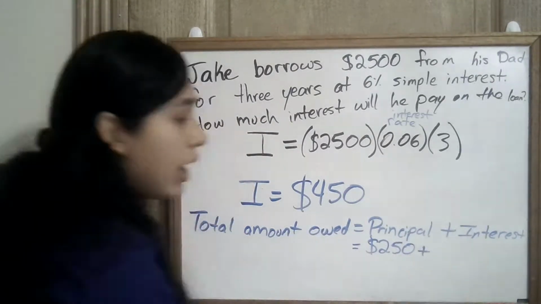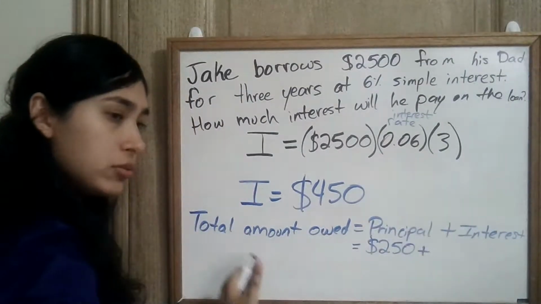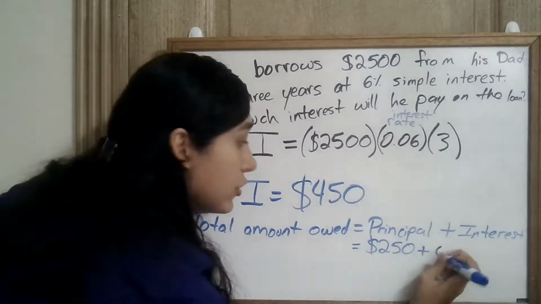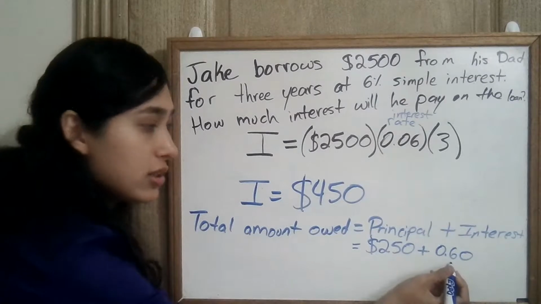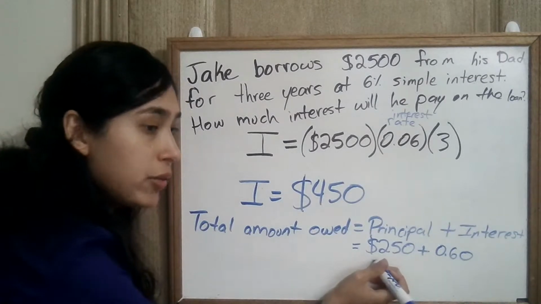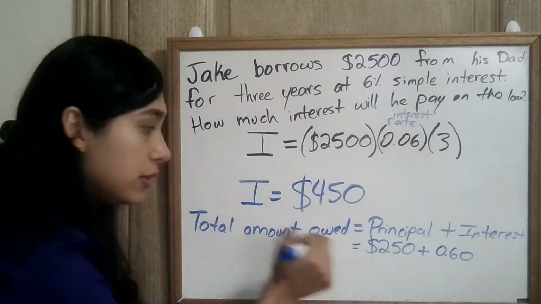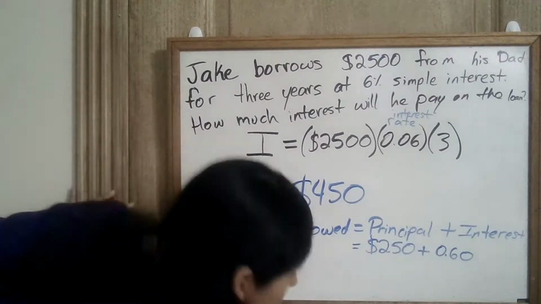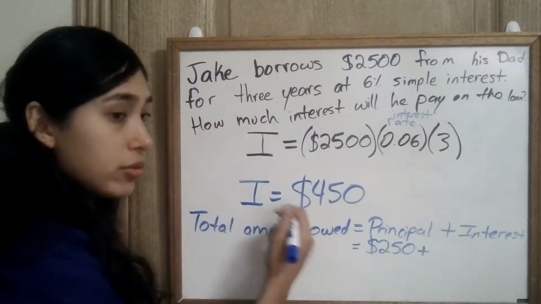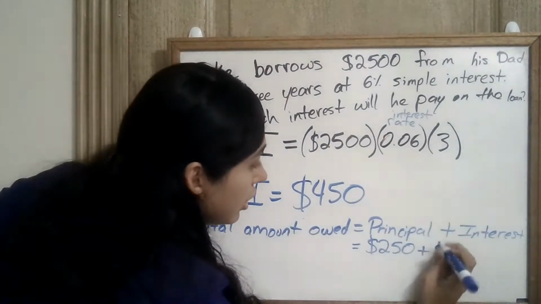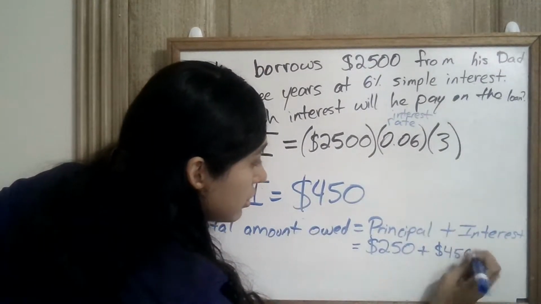Let's say I wasn't so sure what I was doing, and let's say I try to do this. This isn't gonna work because this is a rate. This is not talking about money. We need dollar signs. And since we did the math over here correctly, it would be this.